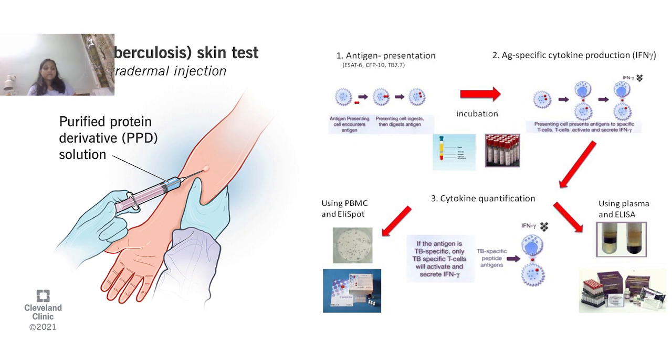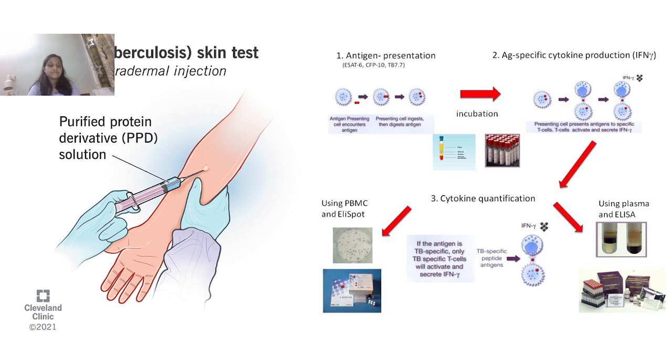Then if that particular person has been infected, blood will be taken and mixed with antigen as well as a control. And when there is a mixture, it is a positive test, meaning interferon gamma has been secreted from your body, and there is infection in your body.